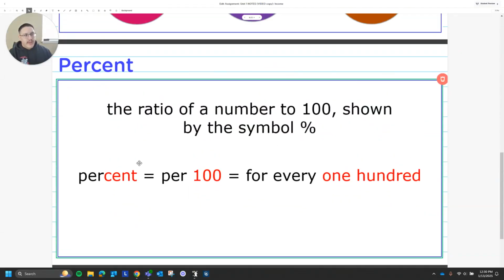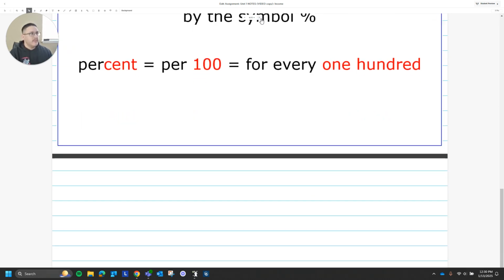So what a percent is, as a reminder, is the ratio of a number to 100 shown by the percent symbol. So percent literally means per 100, which can be further translated to for every 100, for every 100 parts.